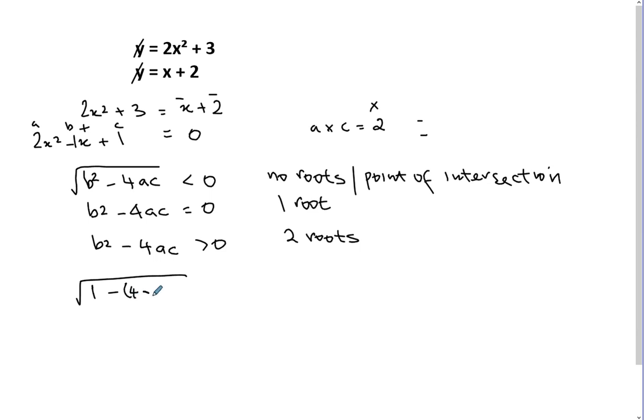So you've got 4 times a times c, which works out to 1 minus 8, which gives you minus 7. So you can see you can't actually square root a negative number, which means there are no points of intersection.